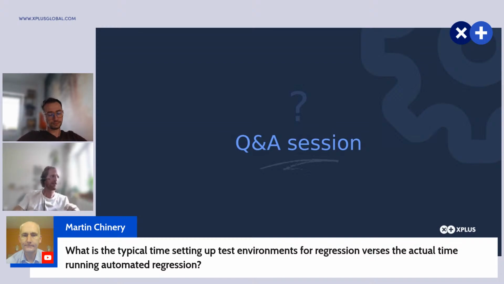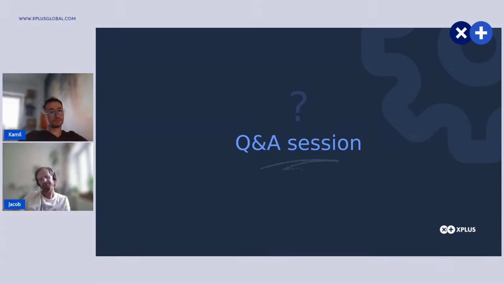Sometimes it's a test account, sometimes it's a real person with a real account, and so that also plays into it. If your company is a bit slow, or somebody who needs to approve this account is on vacation, that can add to the time of setting up the test environments. But I think everybody understands that aspect of it.